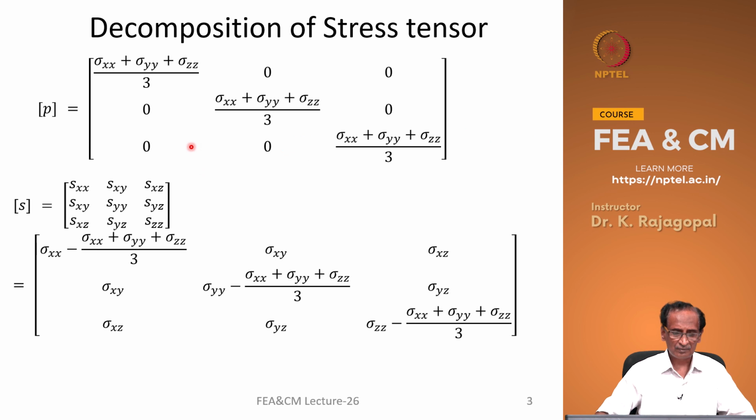And so this is how we decomposed our total stress tensor into a hydrostatic stress tensor or the spherical stress tensor, and then the deviatoric stress tensor Sxx, Sxy, Sxz and so on.